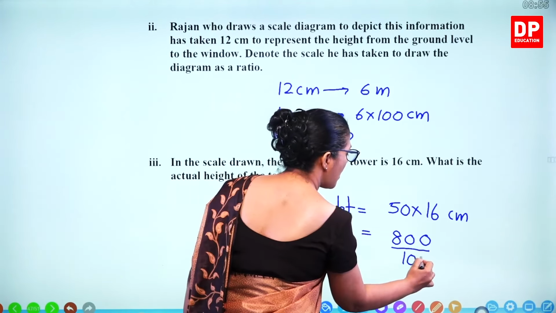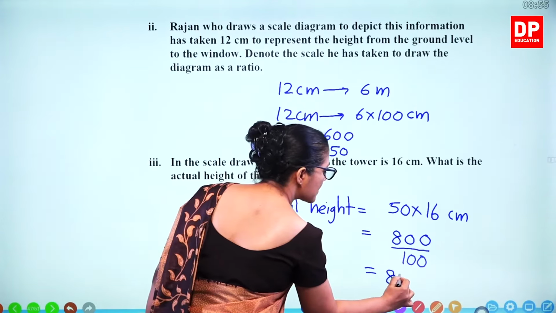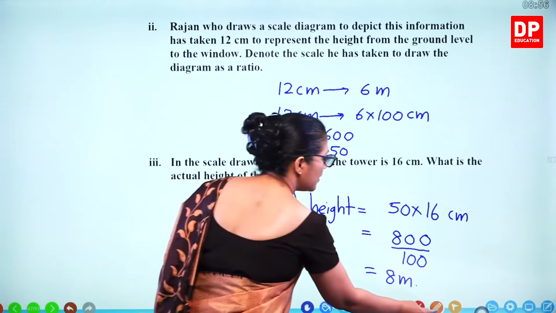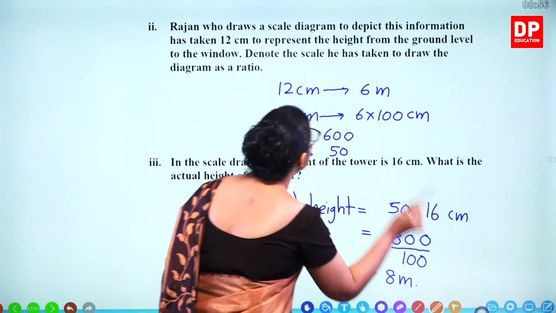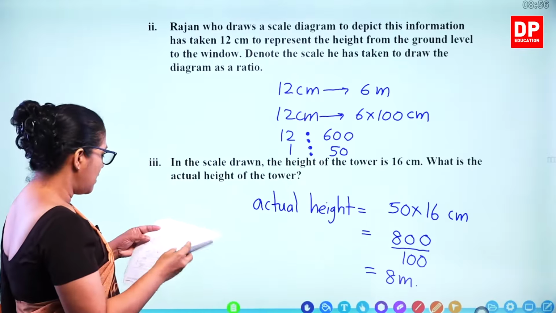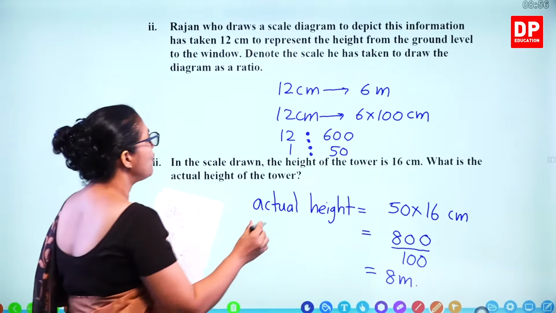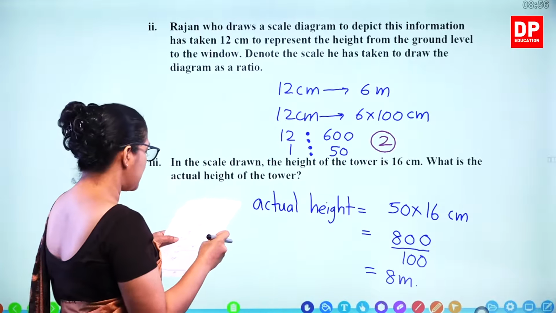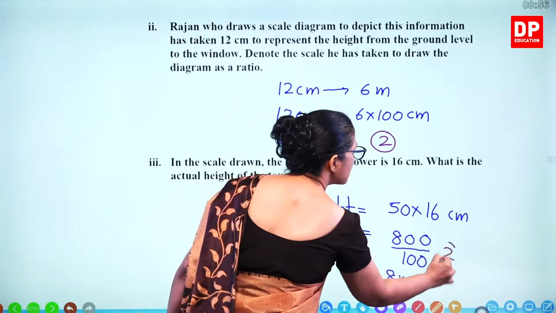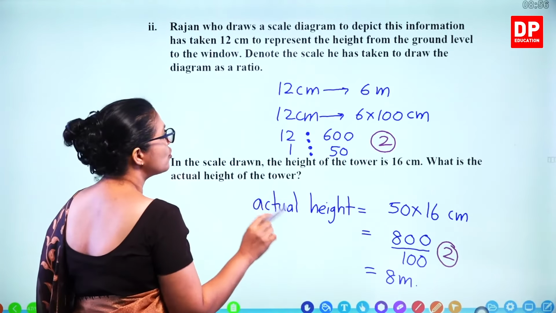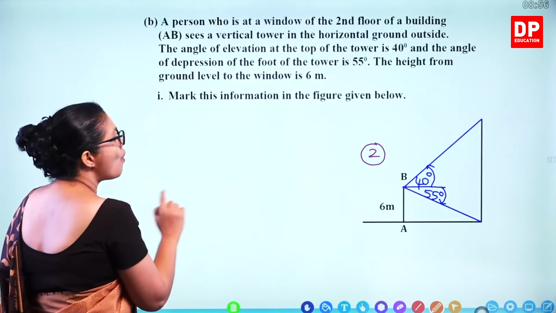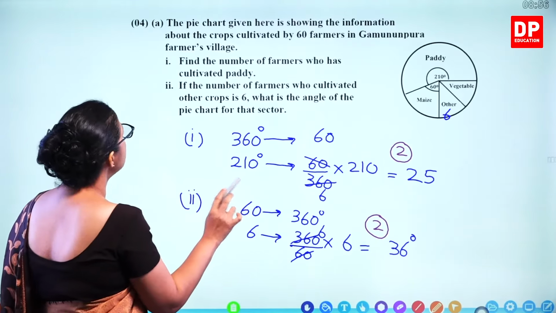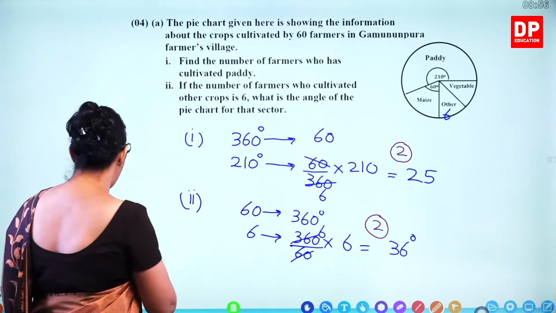And you can divide by 100 to convert to meters. That's 8 meters. So these are the two parts. Let's look at the marks. 1 to 50, 2 marks. And to find out the actual height, 8 meters, 2 marks. So 2, 2, 4, 5, 6, 7, 8, 9, 10. So 10 marks for the whole question.